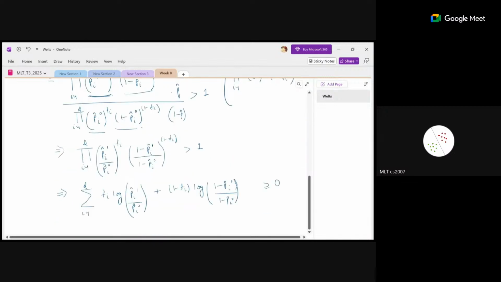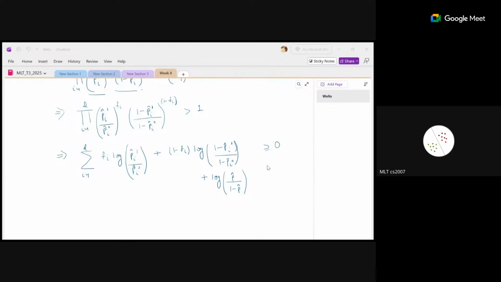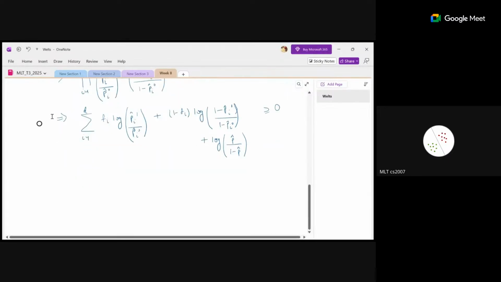So along with these terms, we also have the log of p hat by 1 minus p hat, and this whole thing has to be greater than 0. Now we can simplify this a little, and let's see. If we simplify, what do we get here?